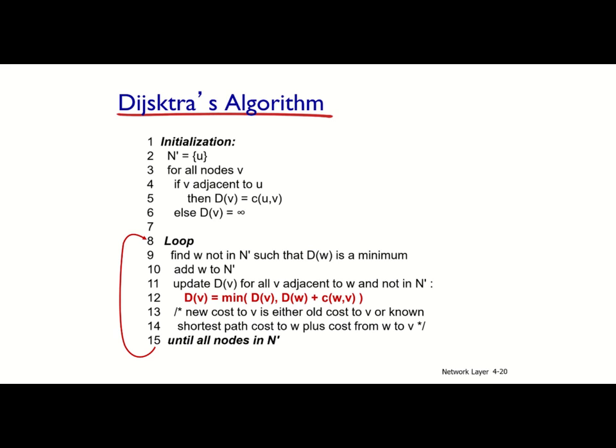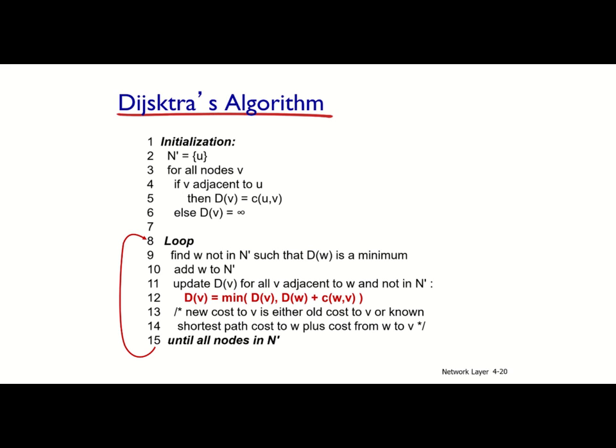All nodes that are adjacent to u, which means the neighbors of u, will get the distance equal to the cost of the link that connects u to their neighbors v. And if v is not the neighbor of the source, we have to set the distance of u to v to be equal to infinity, which means it's not reachable from u, but this is just the initialization. It doesn't mean that there's no path from u to v.